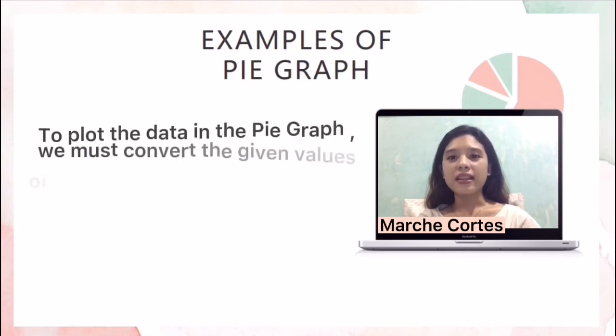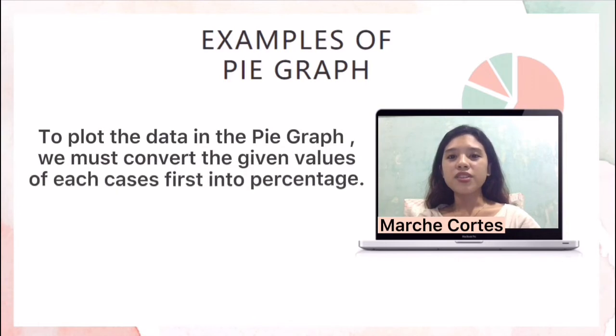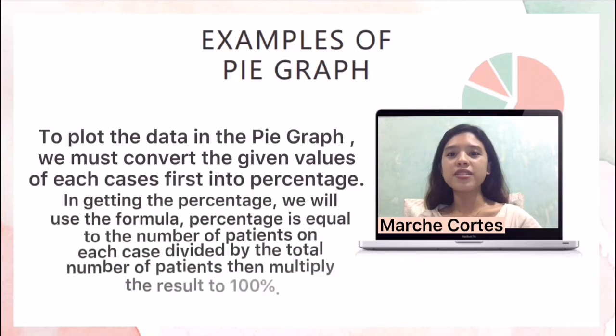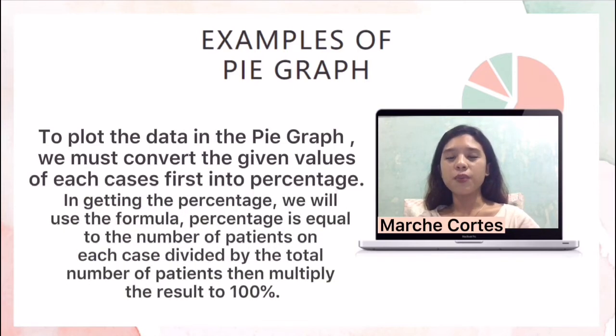To plot the data in the pie graph, we must convert the given values of each case first into percentage. In getting the percentage, we will use the formula: percentage is equal to the number of patients in each case divided by the total number of patients, then multiply the result by 100%.